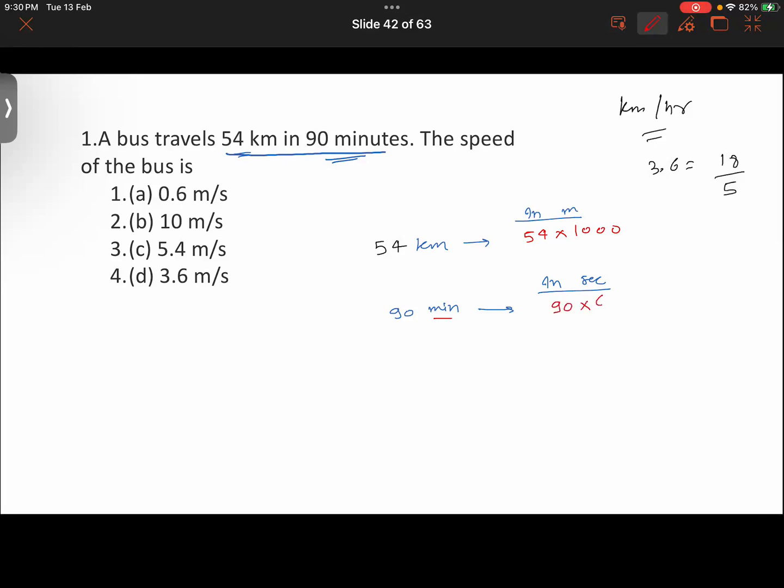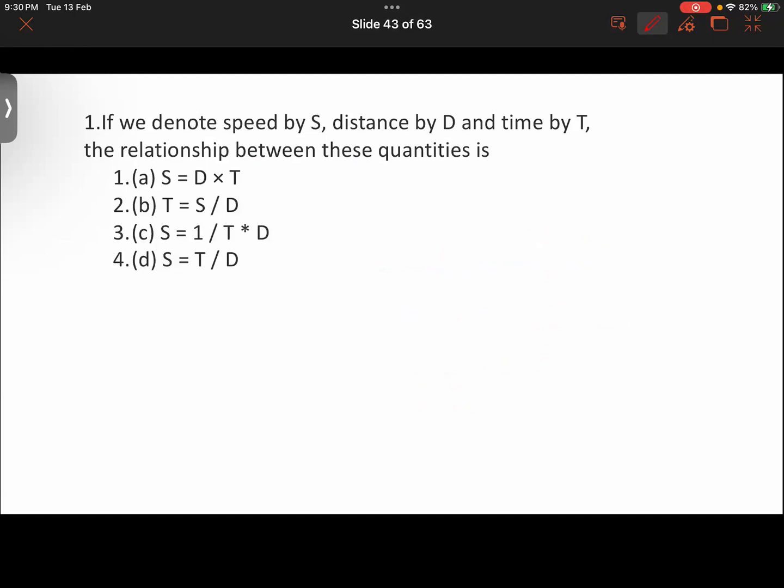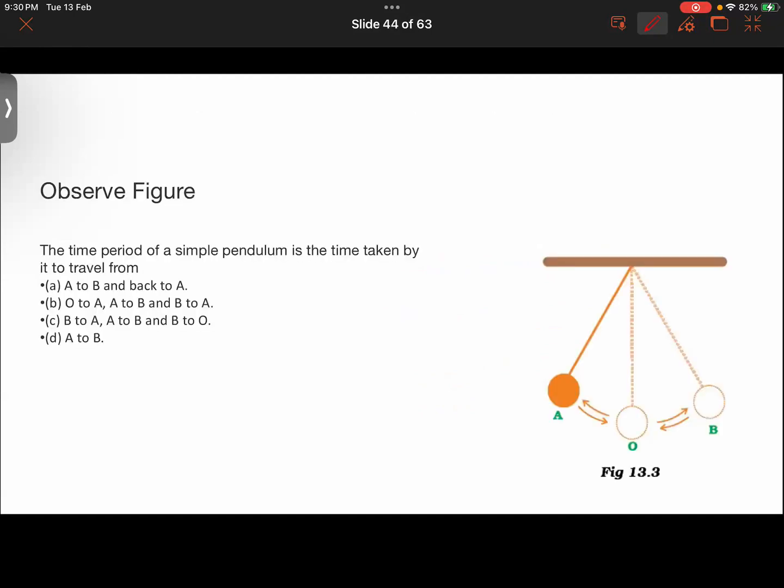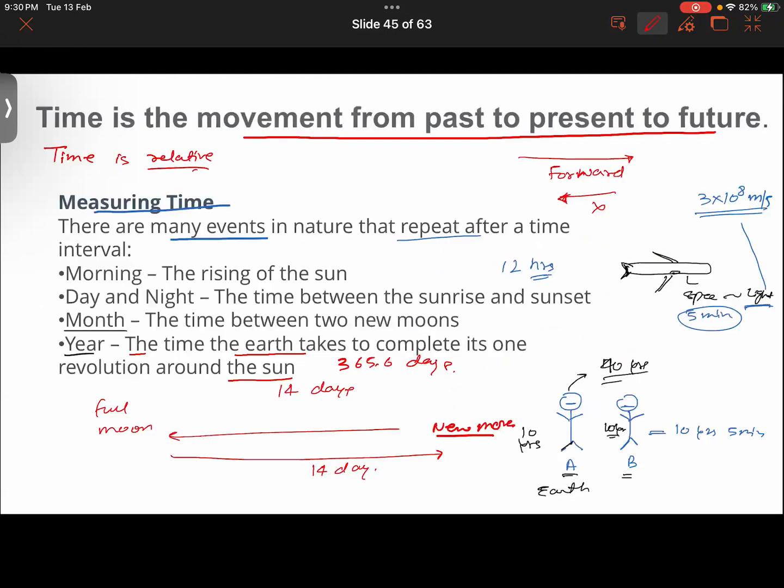Simply 90 multiplied by 60. And you are required to find the speed, that is distance upon time. So this is the distance, this is the time. So 54,000 upon 5400. So that is 10 meter per second, option number 2. Hope that is clear. This question we have done earlier as well. This one also I think we did earlier as well.